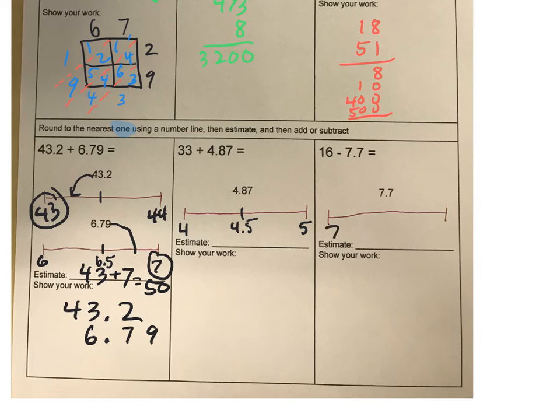Same here, we have 7 and 8, round that. It's going to be 8, 16 minus 8 equals 8. Your answer should be something close to 8, but make sure your decimal points line up. Fill in a 0 in the tens place, and then just do regular subtraction, and you got it.